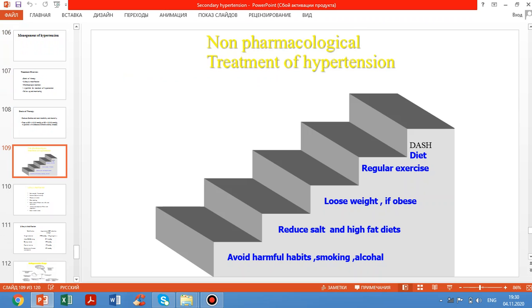Non-pharmacological treatment of hypertension includes dietary approaches to stop hypertension like the DASH diet, regular exercise, lose weight if obese, reduce salt and high-fat diets, avoid harmful habits, smoking, alcohol.